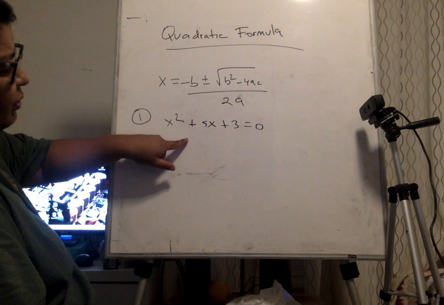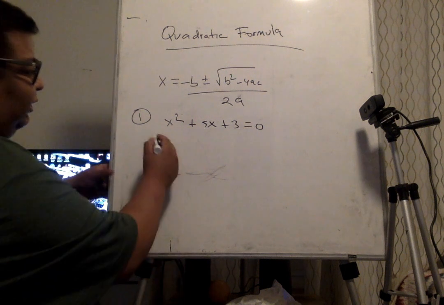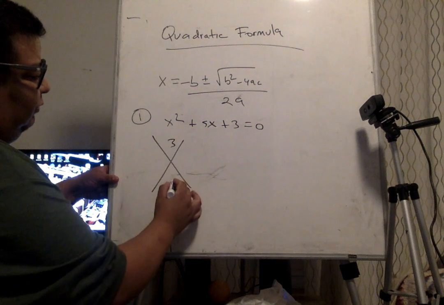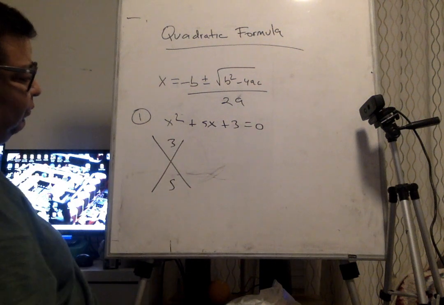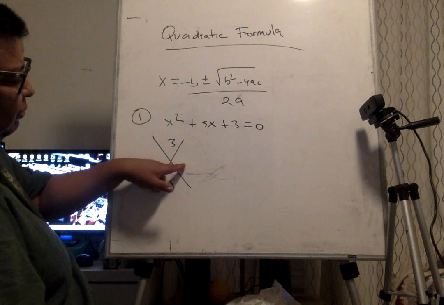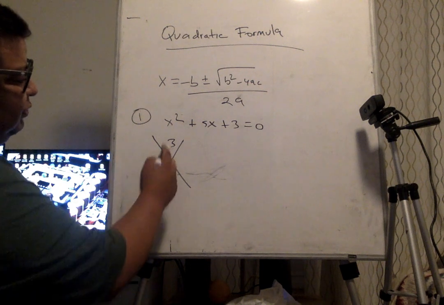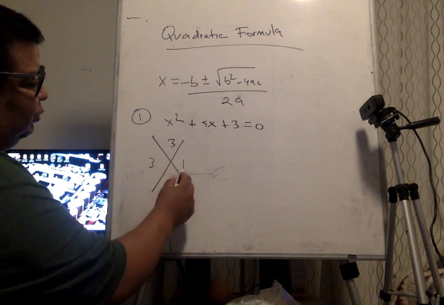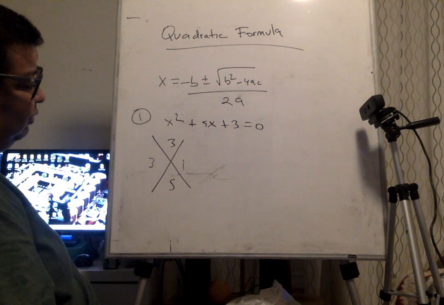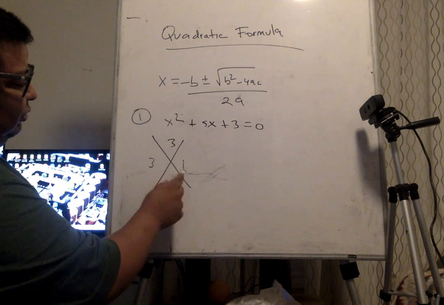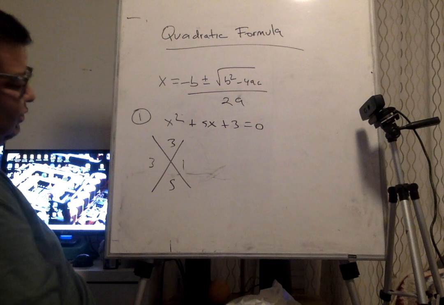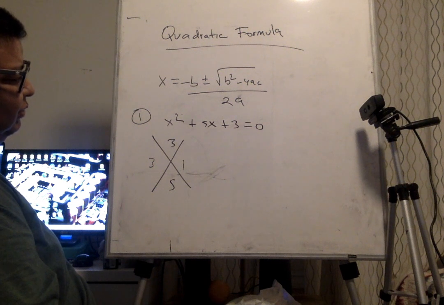This polynomial is not easy to factor because, let's look at it, you have to pick two numbers that when you multiply give you 3, and when you add give you 5. Let's see, 3 times 1. I think that's the biggest numbers you can get. 3 plus 1 is not 5, so it's not that easy to factor this one.